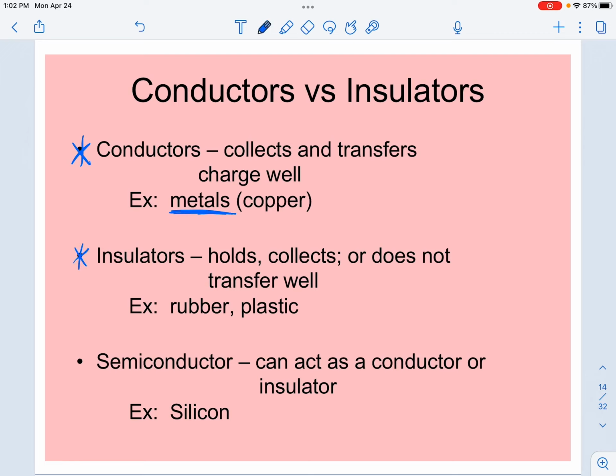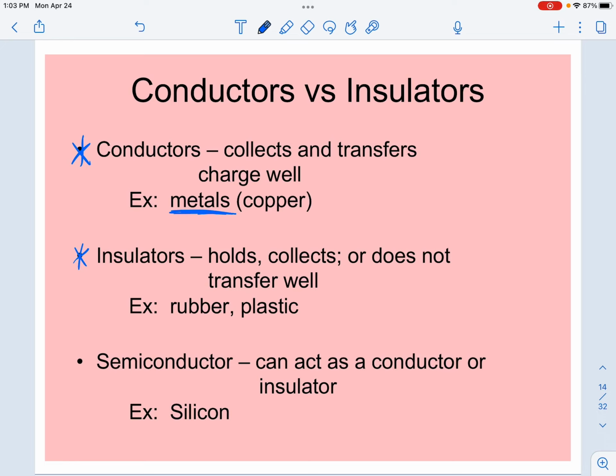Insulators are going to be materials that are made of atoms where they actually are wanting to gain electrons and then they want to hold on to them. We say that the electrons here are tightly bound, meaning once they've collected those electrons, they're not going to let them go as quickly. So in general, insulators do not do a good job of transferring energy, and in this case, it's electrical energy we're discussing.